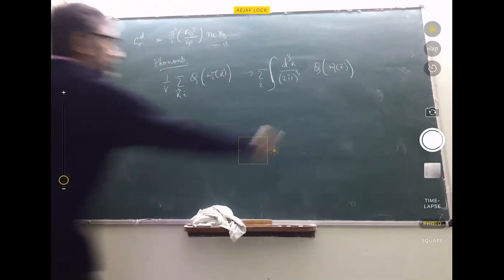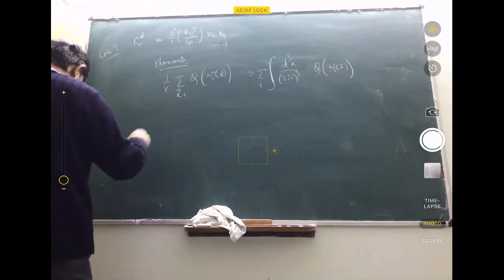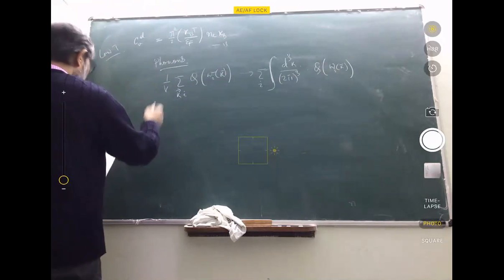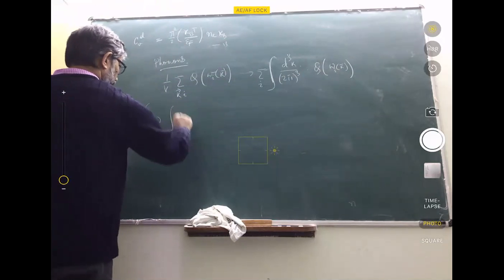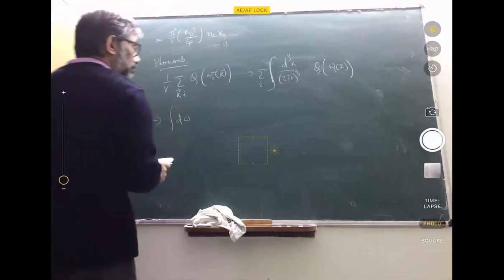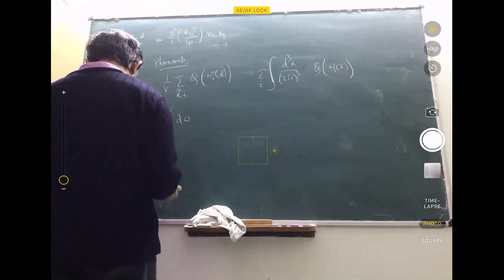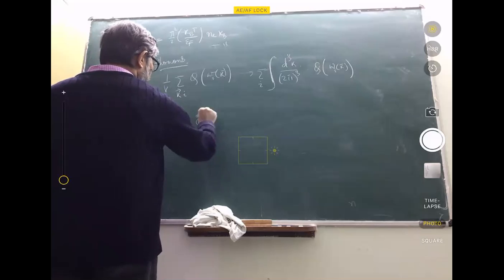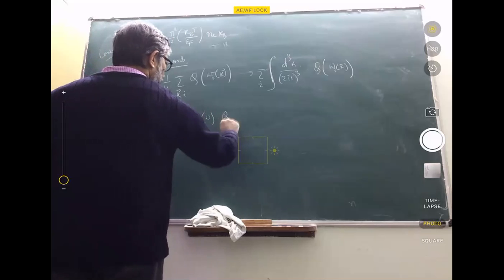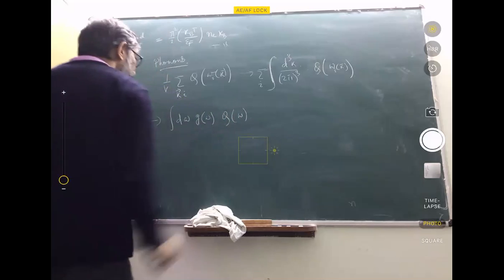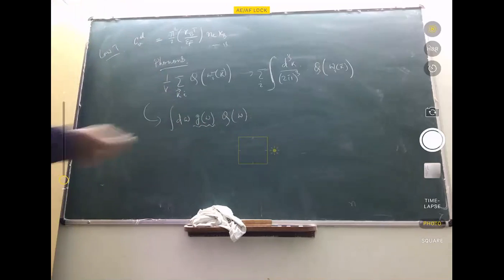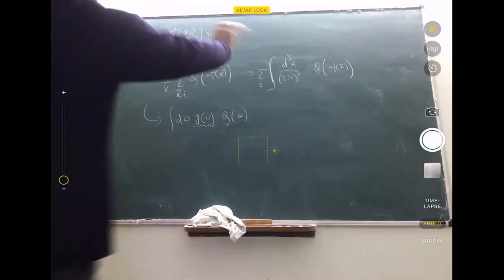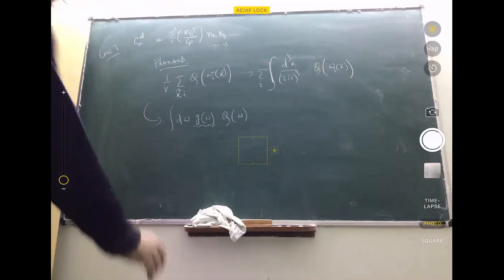Now, these can be rewritten: instead of doing an integral over k, I can write this as an integral over omega when I take care of how many omega states there are in a particular region of k-space.